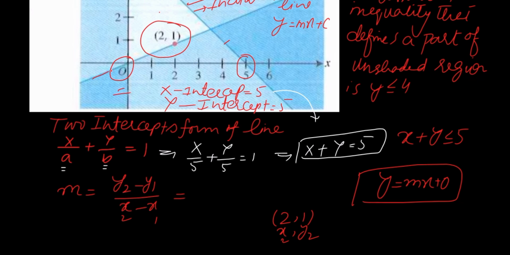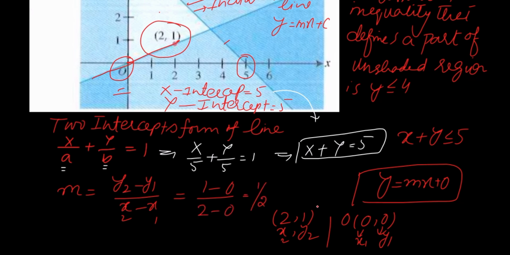This line passes through 2 points, firstly the origin and then this point. The first point is the origin (0, 0), as you know the coordinates of the origin are 0, 0. So suppose this is x1 and this is y1. By substituting these values in the gradient formula, y2 is 1, y1 is 0, x2 is 2 and x1 is 0 here. So this is the slope of this line.